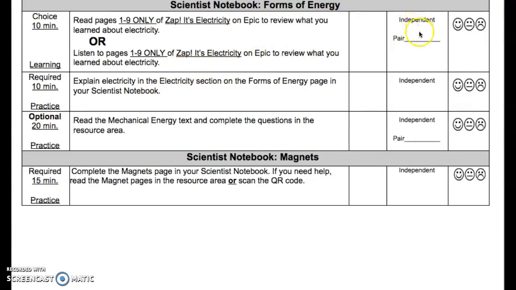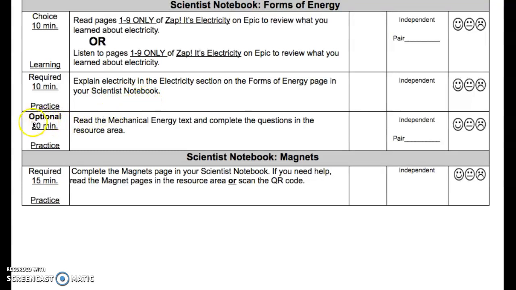This can be done independent or with a pair. Remember to mark your work mode. The next activity is required for 10 minutes. It is practice. Explain electricity in the electricity section on the Forms of Energy page in your scientist notebook.